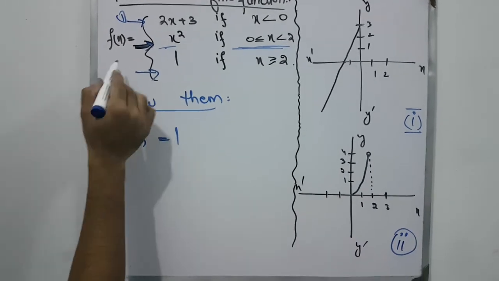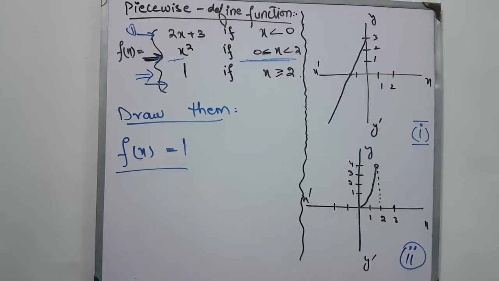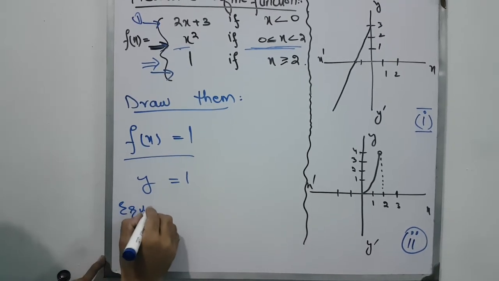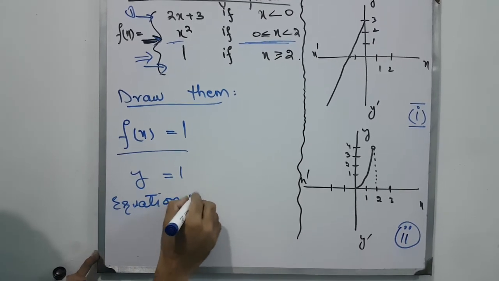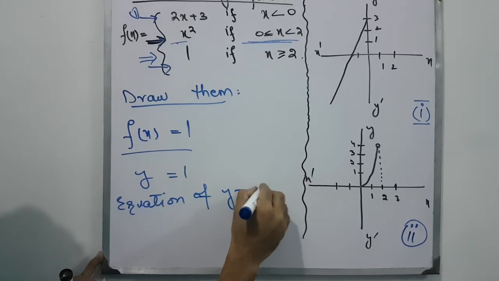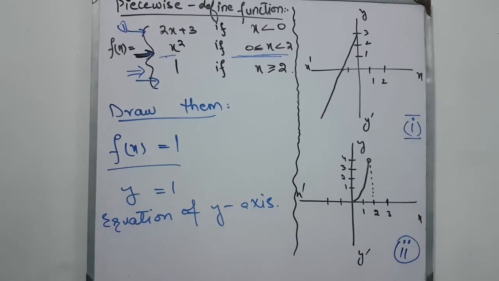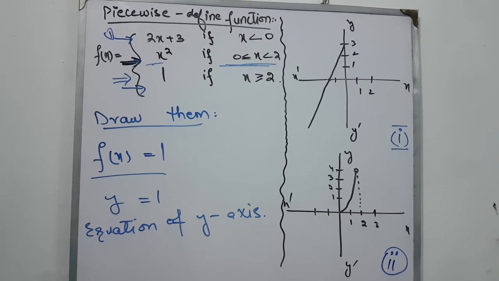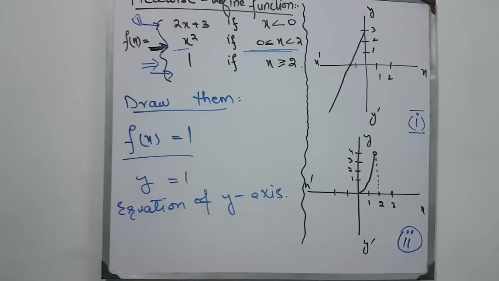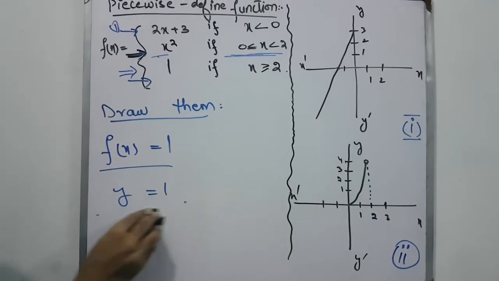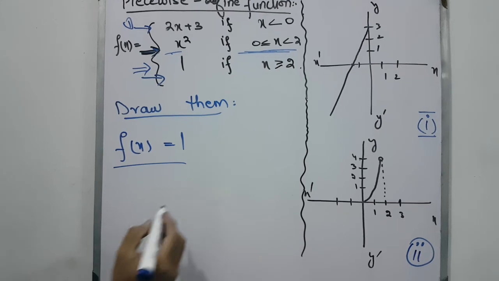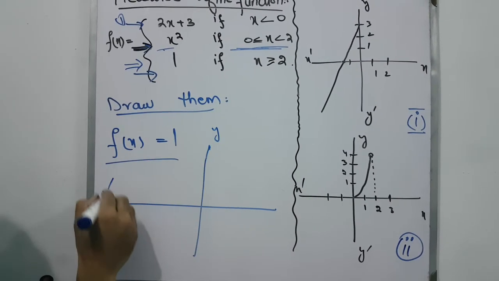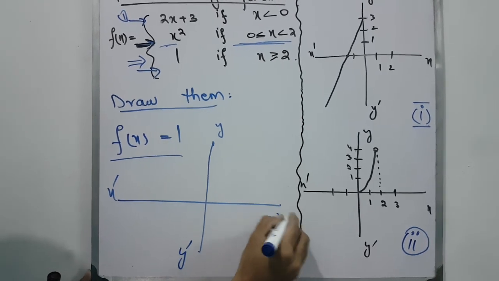Now I take the third expression, which is f of x equals 1, or y equals 1. So basically this is an equation of a line parallel to the x-axis, where y is always 1. I draw it on the axes like this, with positive y, negative y, negative x and positive x.